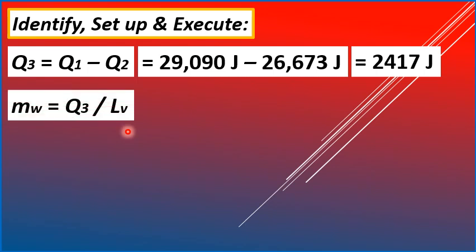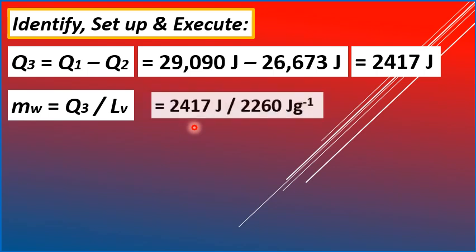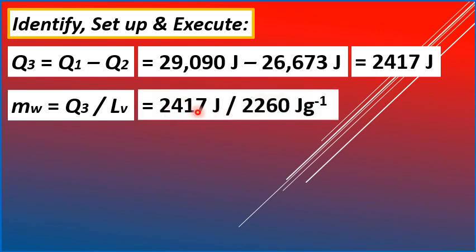And we denote that by M sub W. In determining this mass, we simply divide the amount of thermal energy Q3 by a constant known as the latent heat of vaporization of water at 100 degrees Celsius. That is 2,417 joules divided by 2,260 joules per gram.